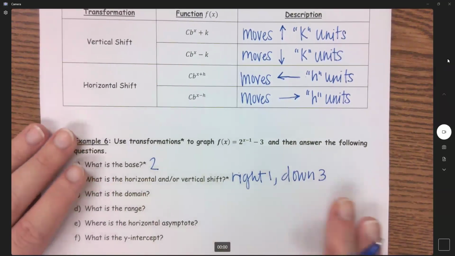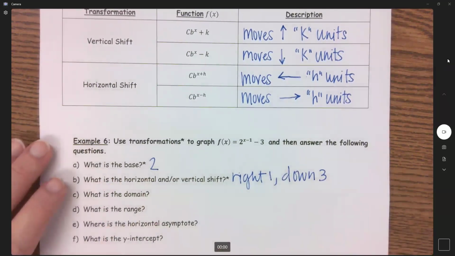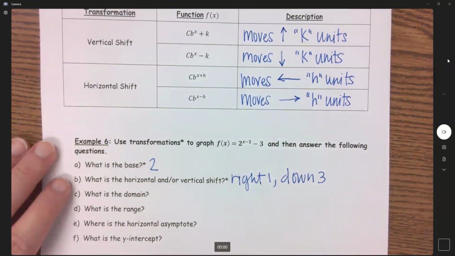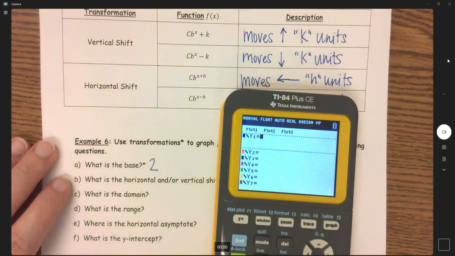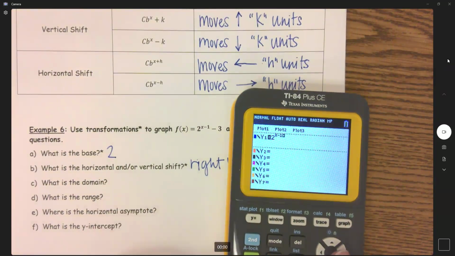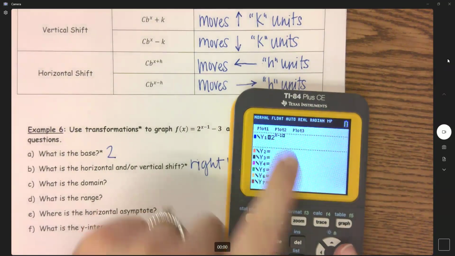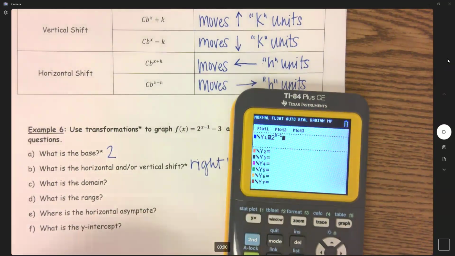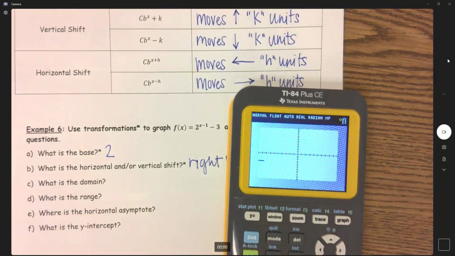Okay. So once you put that in, you get the graph. So for us, let's put this into our calculator real quick. So 2 to the x minus 1. Notice it's in the exponent position. You need to arrow over and then minus 3. So here's my graph.